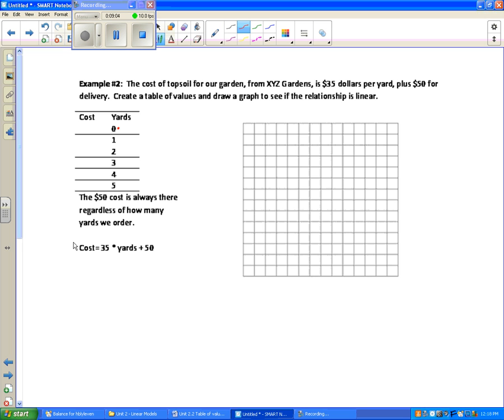Well, let's see if we can calculate this. So cost equals $35 times the number of yards we want plus 50. So if I want 0 yards, cost is going to equal 35 times 0 plus 50.